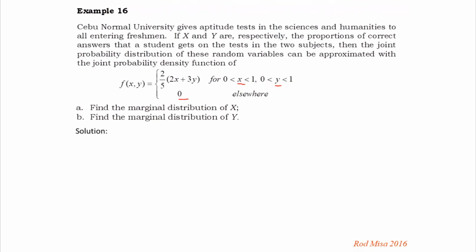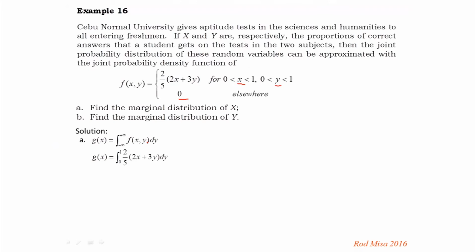So solving for the marginal distribution of x, we need to use our definition in the previous slide, that our g of x is equal to the single integral of small f of x and y with respect to y, because we are adding here uncountably infinite values of y's. And we know that our f of x, y is equal to 2/5 times the quantity 2x plus 3y, and this will be evaluated from 0 to 1 since your random variable y is from 0 to 1.